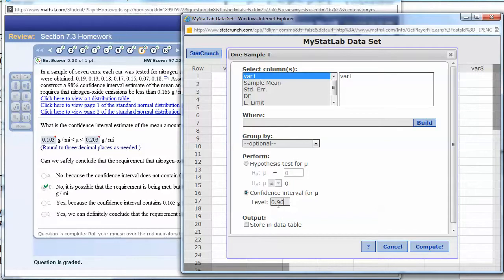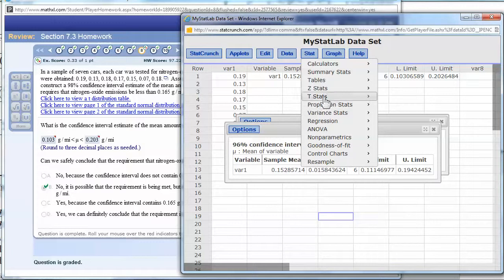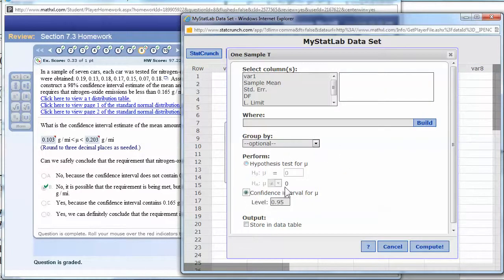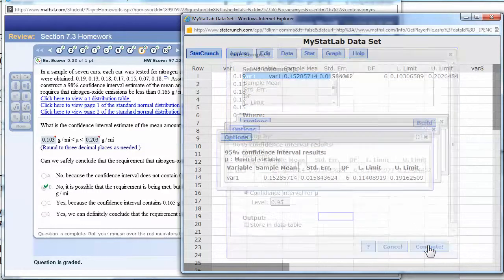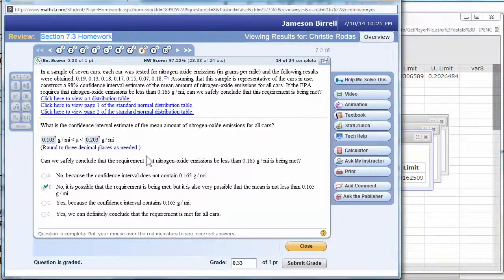Or maybe you left the default, which is 95. Maybe I should try that next. So if I put in 96, nope, I think you may have just left the default. Okay, so if you didn't change it to the correct confidence level, no. I mean, that did bring it together a little bit.